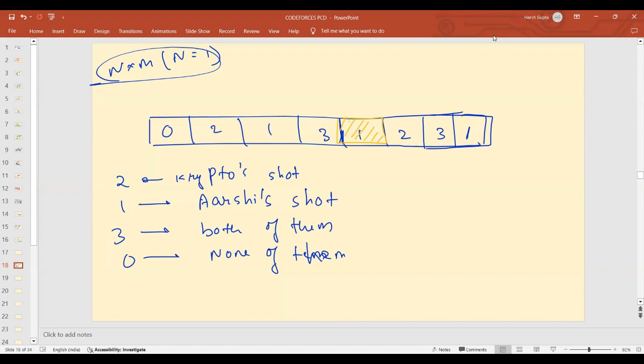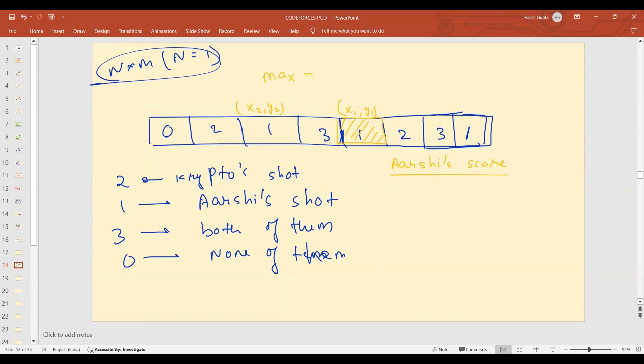Now how is the score calculated? Let me calculate Archie's score first. Score is calculated by max of, let's suppose this is the bullseye, this is x1 comma y1, and you can take any of the cells of Archie's shots. Let's suppose I took this cell, it is x2 comma y2.